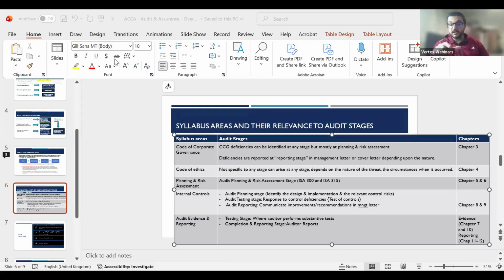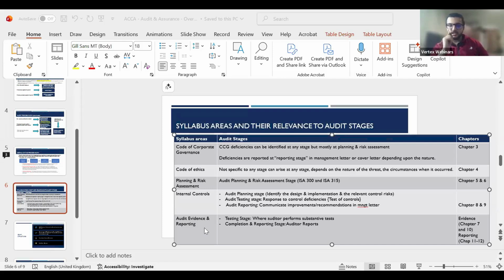So this is quite a huge area. You see, the relevance is to three different stages. Chapter number 8 and chapter number 9 are your chapters for internal controls. And lastly, audit evidence is different and audit reporting is different. Audit evidence means you need to obtain evidence so that you can perform the procedures. Your evidence should be sufficient and appropriate. Sufficient means the quantity should be good enough, and appropriate means the quality should be good enough.